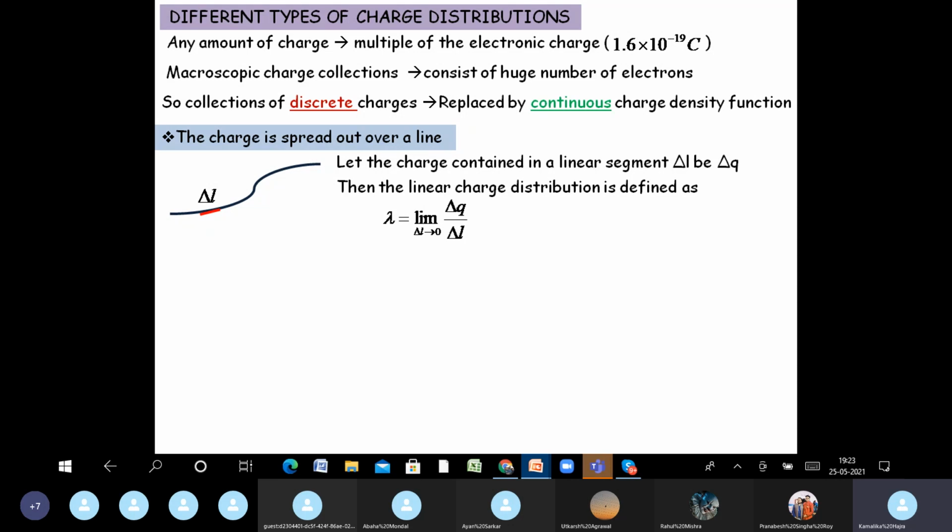So this is how we define the linear charge distribution.